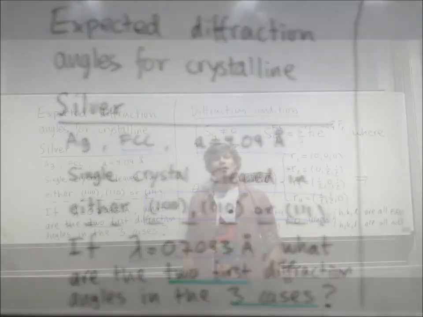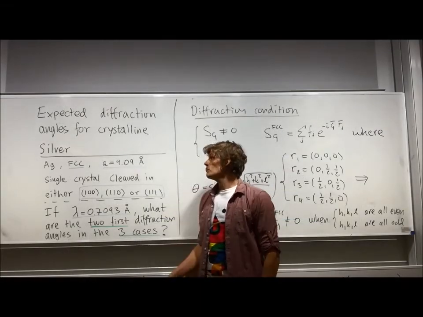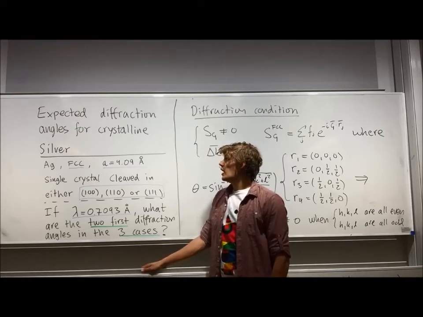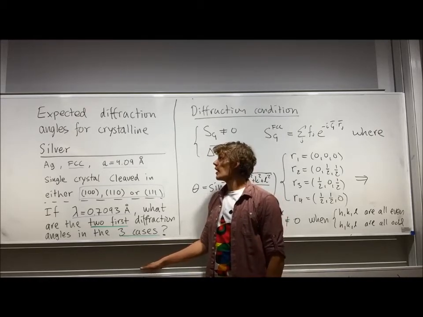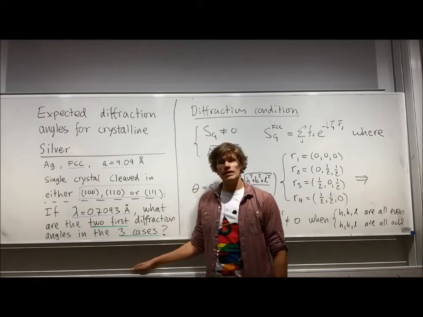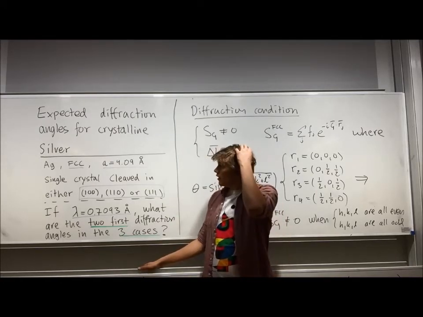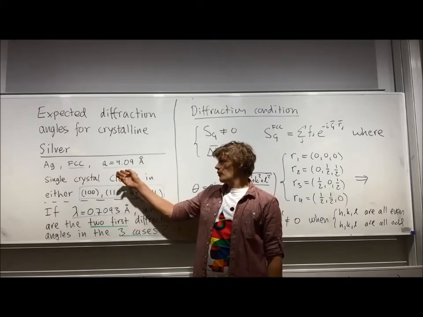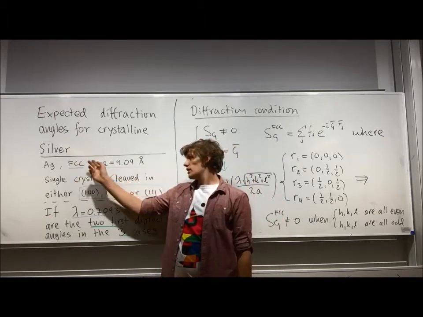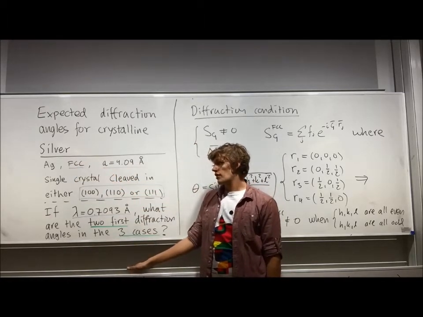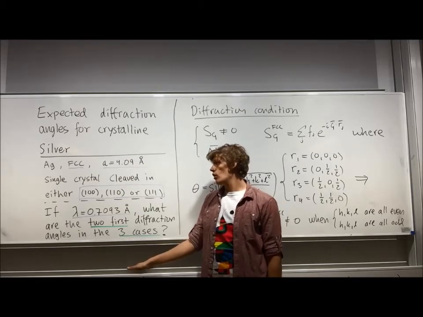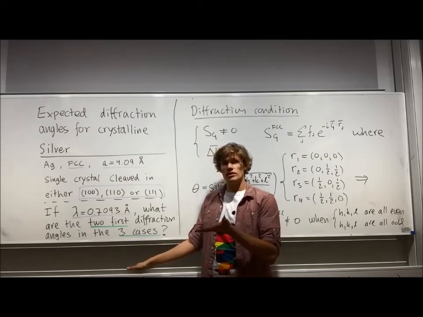Hi. So in this problem, we're going to look at crystalline silver, and we're going to look at what are the expected diffraction angles for crystalline silver. And we know the lattice parameter, and we know that the silver has the crystal structure FCC, but we don't know in which direction the sample is cleaved.